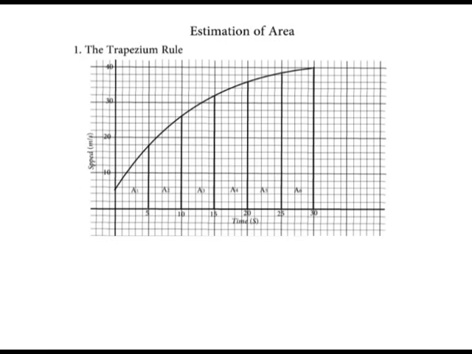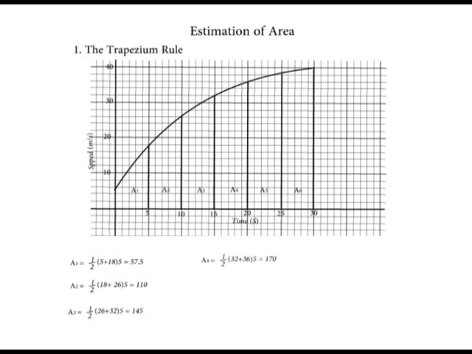Area of the first trapezia, A1, will be given by a half A plus B times height, that is a half times 5 plus 18 times 5. That gives us 57.5. A2, a half into 18 plus 26 times 5 gives us 110. Third area, a half into 26 plus 32 times 5 gives us 145.